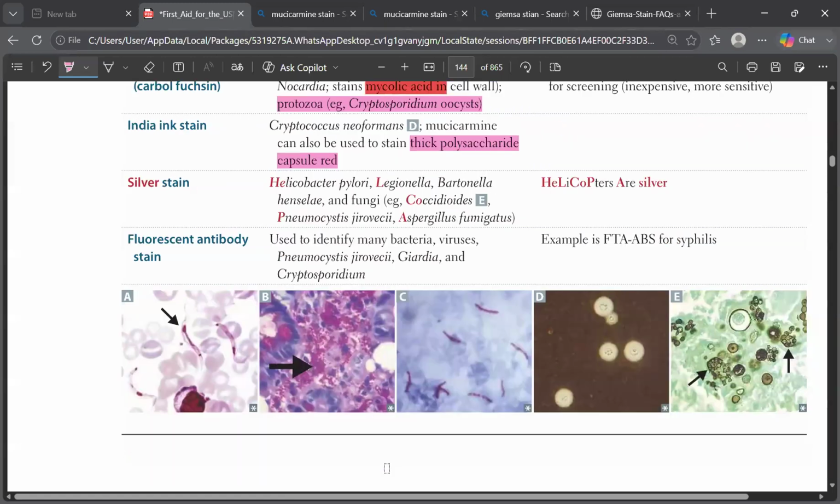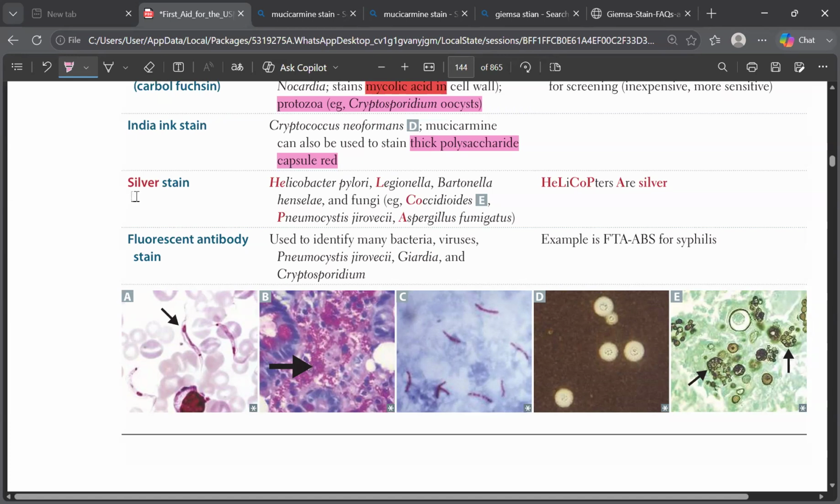And India ink stains Cryptococcus neoformans, and mucicarmine is used to stain thick polysaccharide capsules. I don't see the correlation here, because this is completely a black background against this India ink, but you have to go with it as it is.